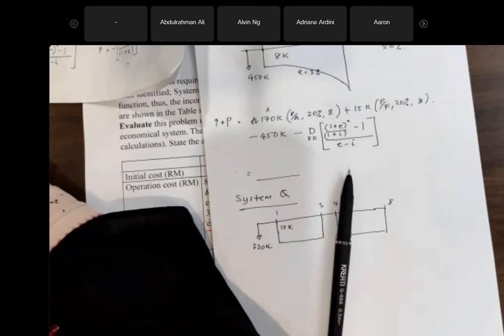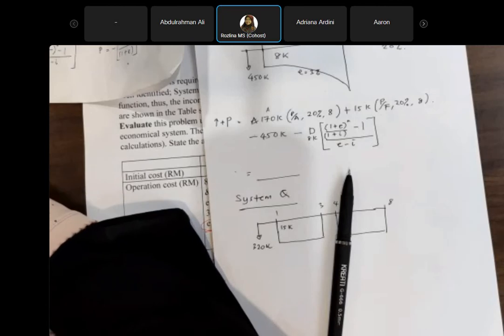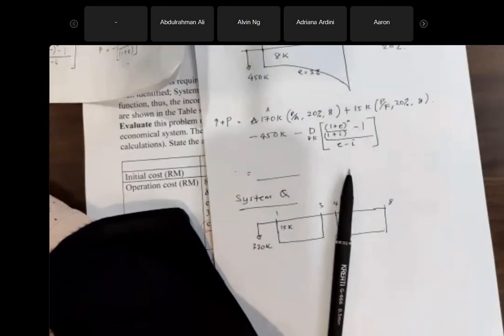Whose answer is this? Khairi, Doctor. Okay, good. System Q, is it correct? You can check the 3. Because you take the bigger one and minus the smallest one.